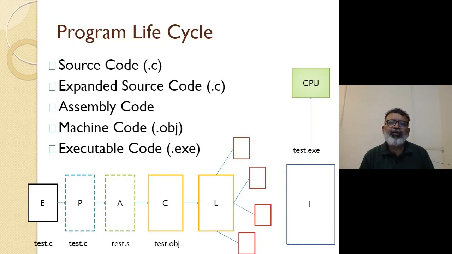So we are into the program life cycle. A program goes through various phases. Initially, when I give you any problem, unfortunately, these days we have forgotten to use pen and paper, because you have got a computer in front of you, a tab in front of you, and a mobile in front of you.